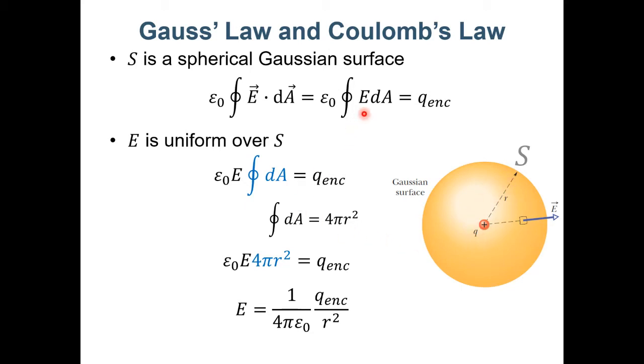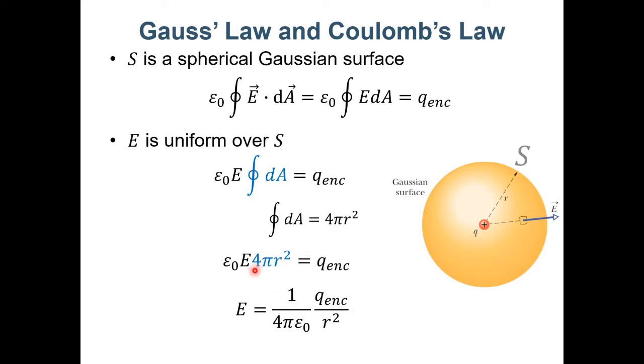So E is a constant, which means we can pull E out and just integrate the surface area. The surface area of a sphere is 4 pi r squared. You should have learned it in calculus class, or maybe in high school. So this integral is 4 pi r squared.